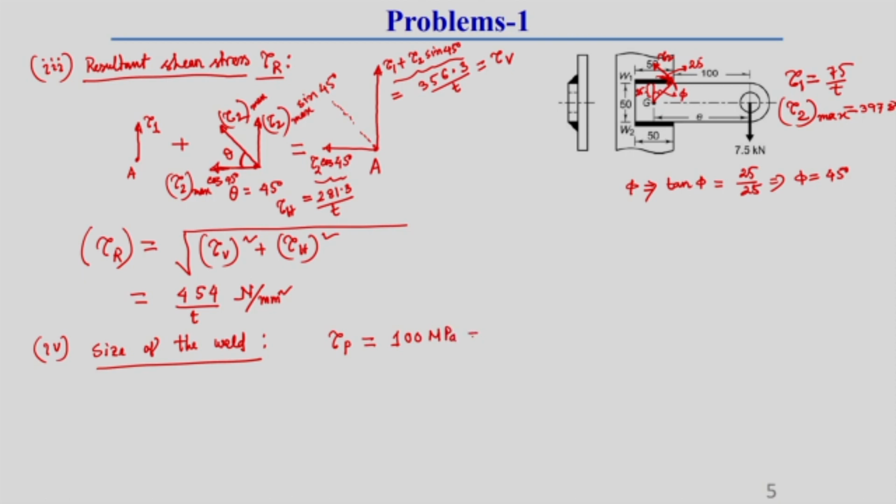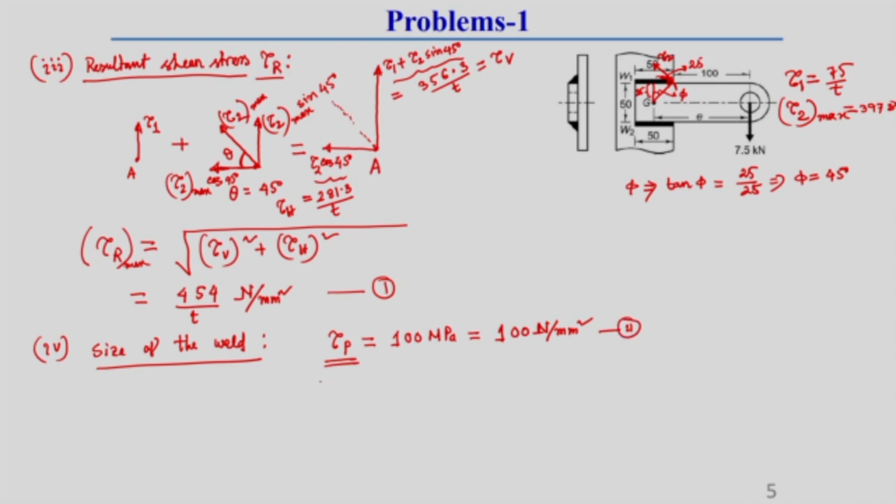We convert this in terms of Newton per millimeter square, where 1 MPa equals 1 Newton per millimeter square. For designing this welded joint, the maximum resultant shear stress in the weld should not exceed the permissible shear stress.